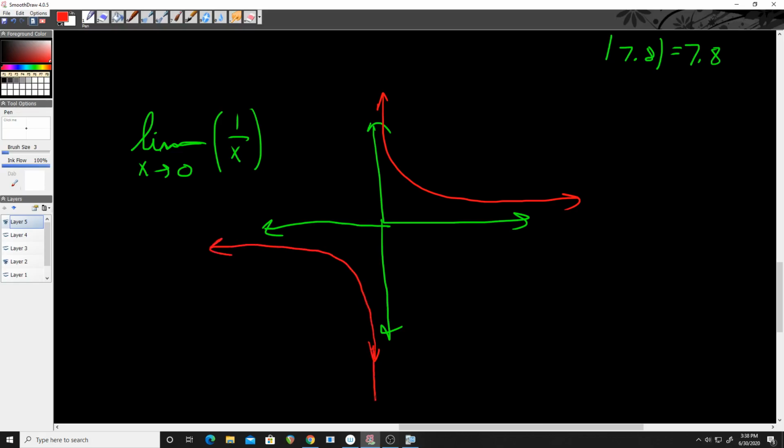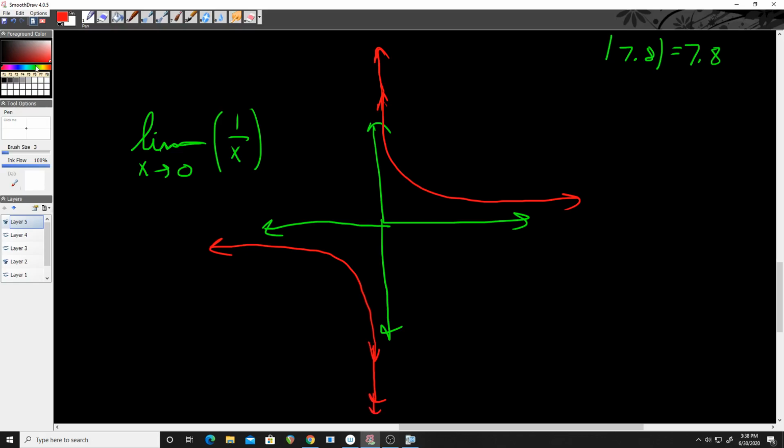And this is just what I was saying in graphical form. As x gets closer to 0, so 0.1, 0.01, 0.001, 1 over that number gets bigger. And we do the same thing from the negative side, except we're going down instead of up, right?